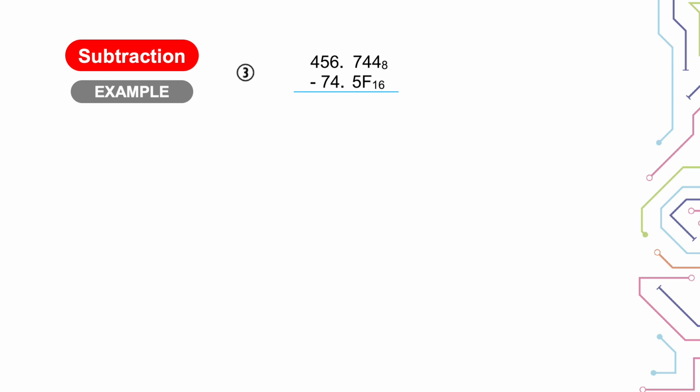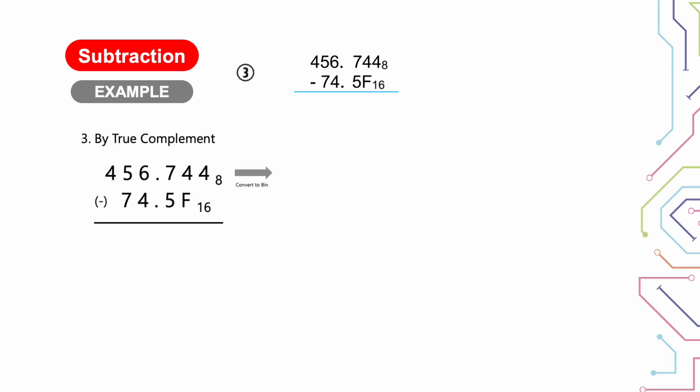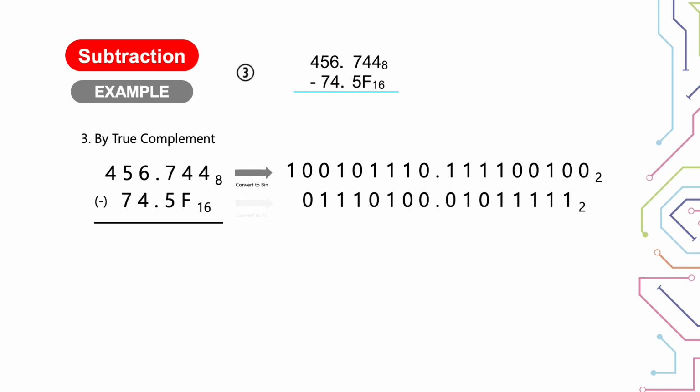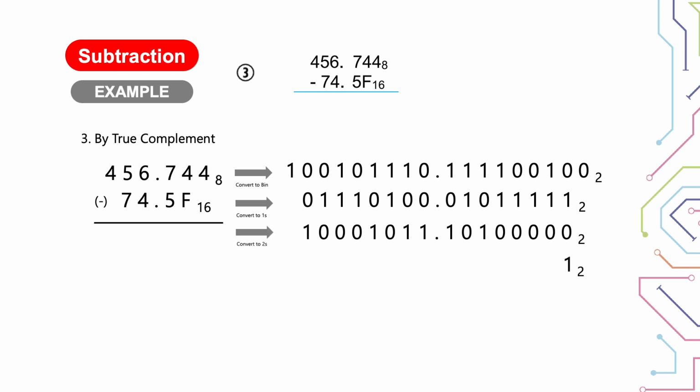Now, how about sa two's complement? Yung mangyayari, convert pa rin natin ito, and then convert natin yung ating subtrahend to one's complement by inverting. And once we inverted it, since we will be using two's complement, i-add natin ng 1 sa least significant bit.